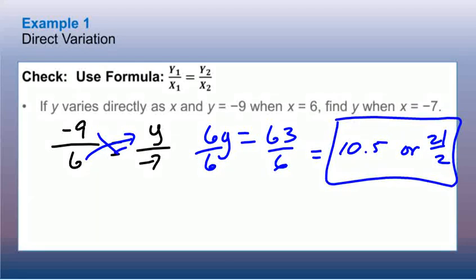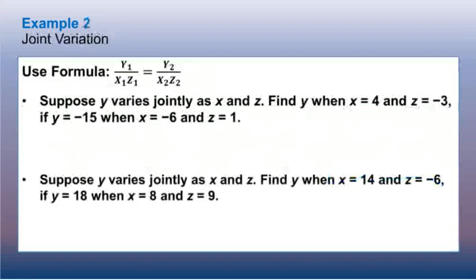Either way is acceptable. Next, use the formula for joint variation of y1 divided by x1, z1 equals y2 divided by x2, z2. How did we get that? If I have y equals k times x times z, I want to solve for the constant. I divide by x, z on both sides.